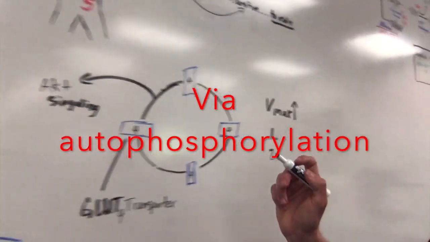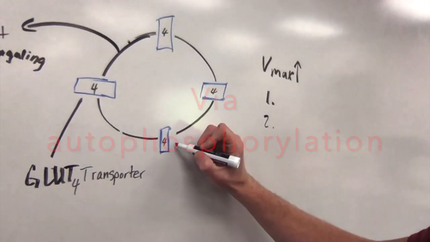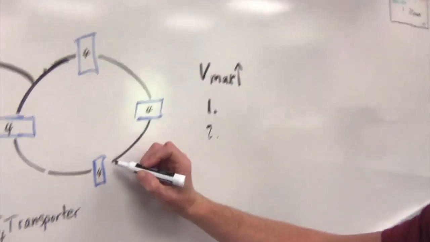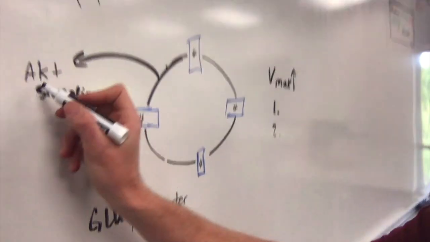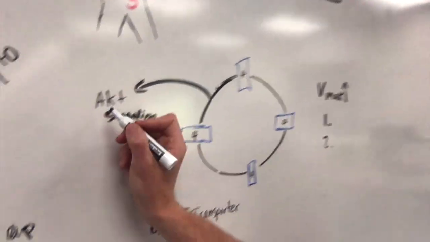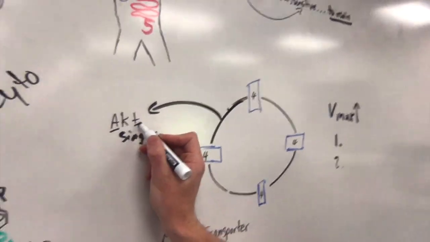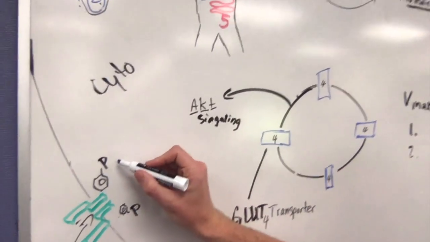Remember in the textbook, it says we have vesicles that contain our GLUT4 receptors. So after we have this phosphorylation occur, we're going to have AKT signaling, and that's all it says in the book is AKT. So I looked it up. This means activated tyrosine kinases. As we see, these got activated via phosphorylation.